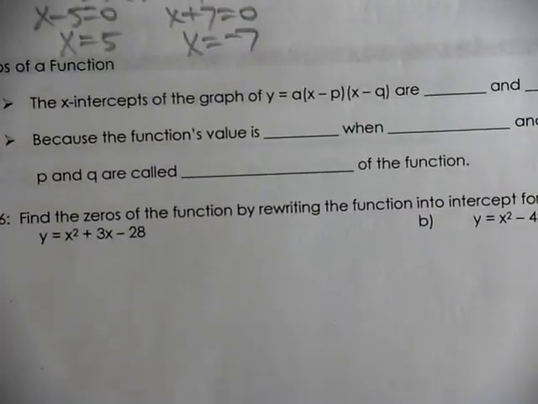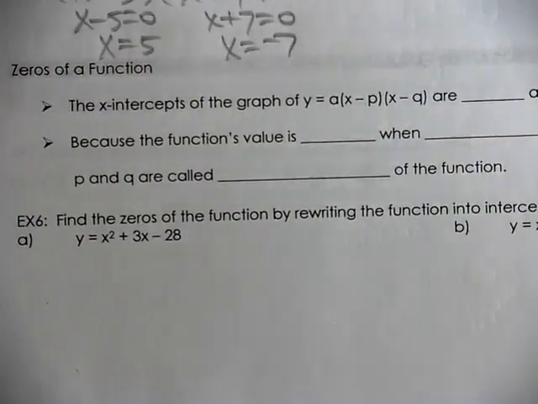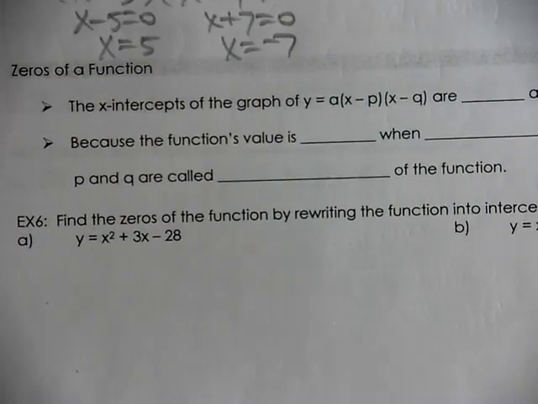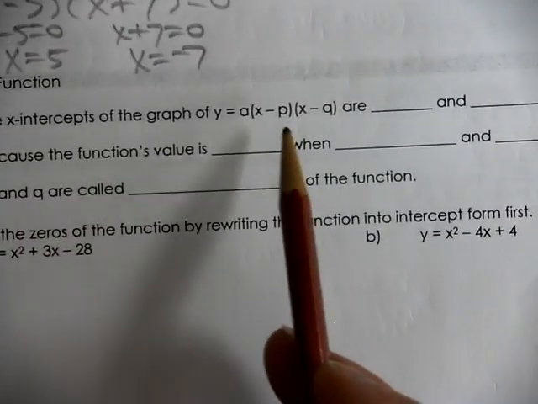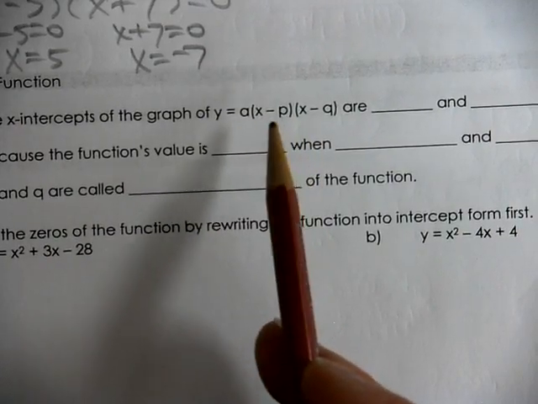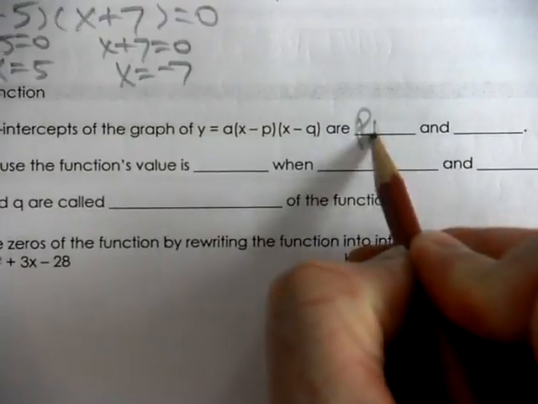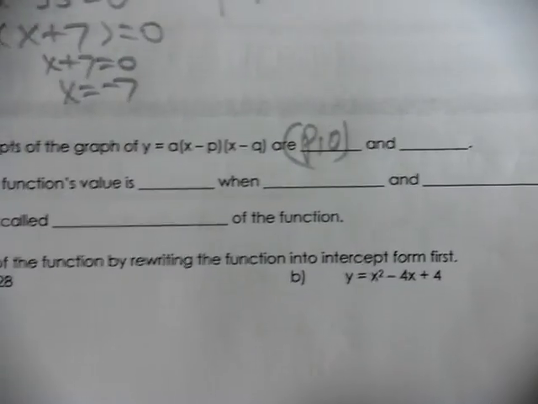All right, another way to ask the same question is, what are the zeros of a function? The x-intercepts of a graph. We've seen this equation when we graph them. They are p comma 0 and q comma 0.